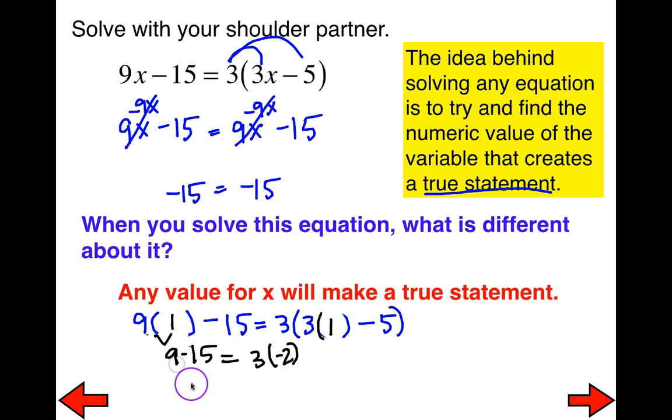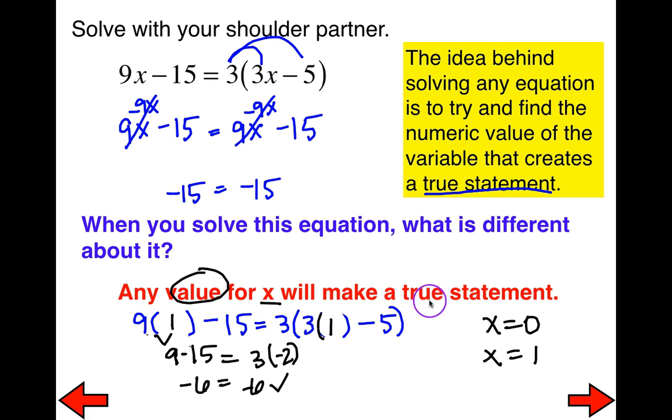Here we have negative 6 equals negative 6. So notice, x equals 0 worked, x equals 1 works. So there's many different values for x that will make a true statement. Here were just a couple of examples.